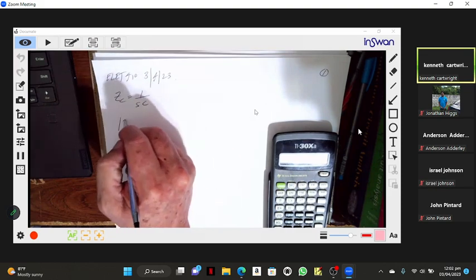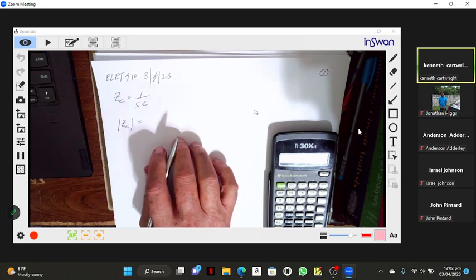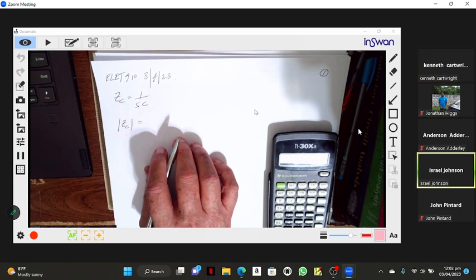So what's the magnitude of the impedance? One over j omega C. Really? The magnitude of the impedance is the same thing as the impedance?